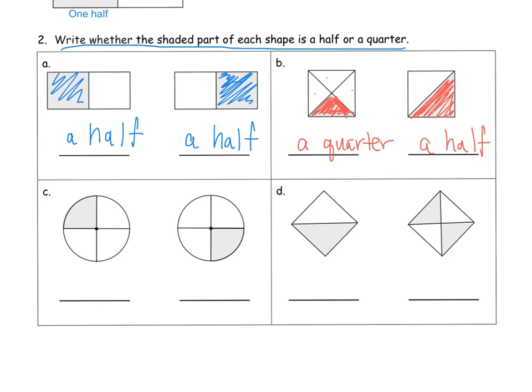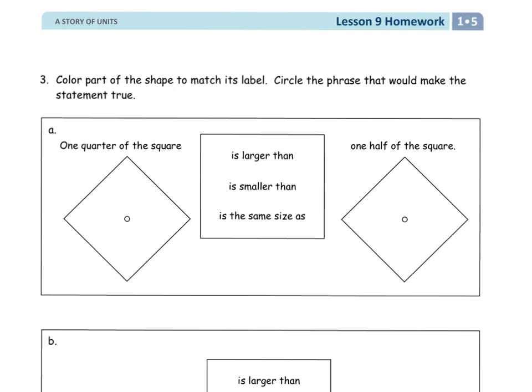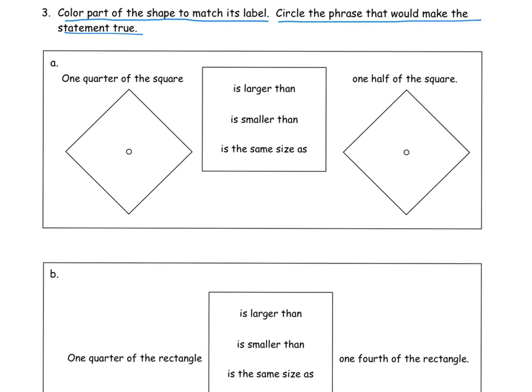So let's take a look at page 2 now. And we see that the directions state, color part of the shape to match its label. Circle the phrase that would make the statement true. So we'll do the first one for this. And the first shape says 1/4 of the shape.